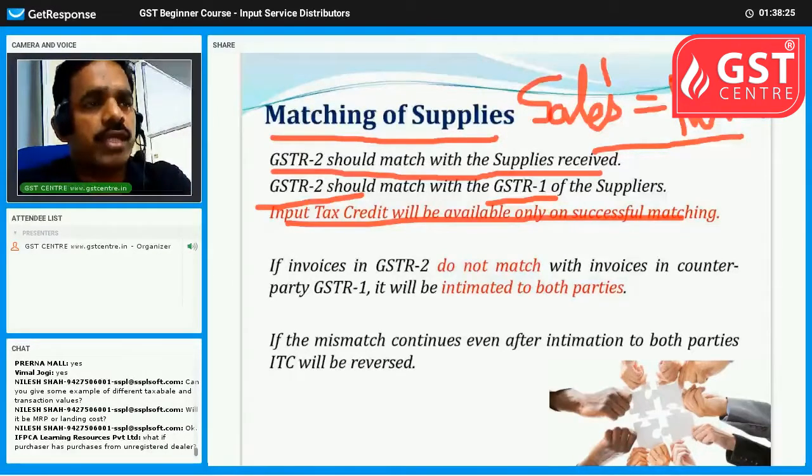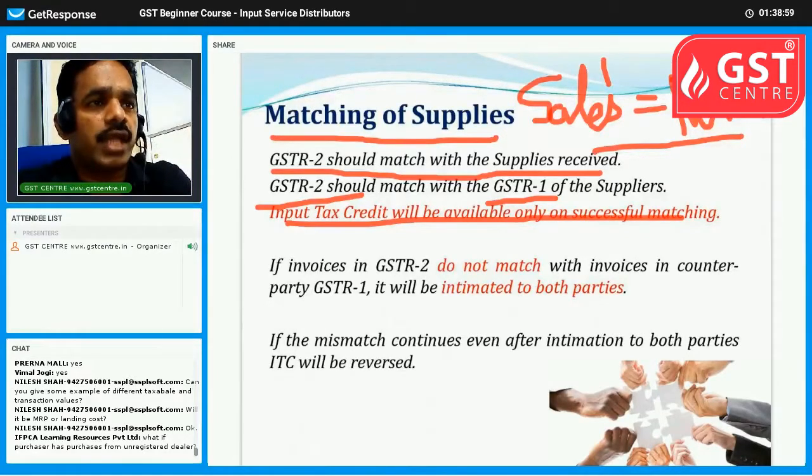And if there are 10 invoices issued by Ravi to Kishore, all 10 invoices should be uploaded by Ravi. Okay. And suppose Ravi has filed only 9 invoices, what will happen? When Kishore in Delhi, the purchaser, checks the invoices, he can realize that out of 10 invoices, only 9 invoices are filed. So what will happen?